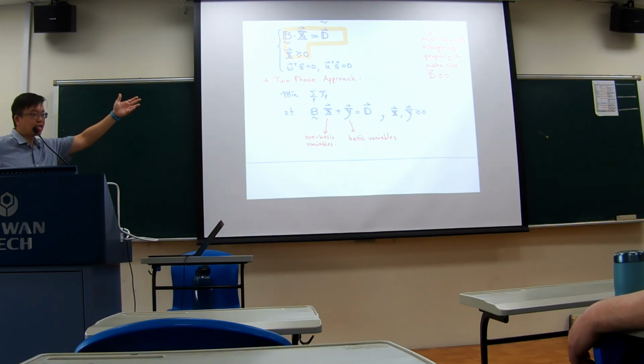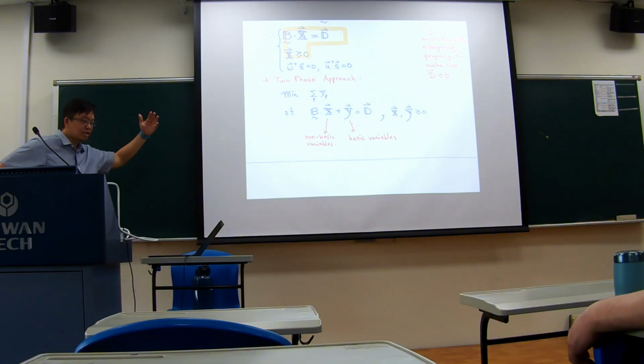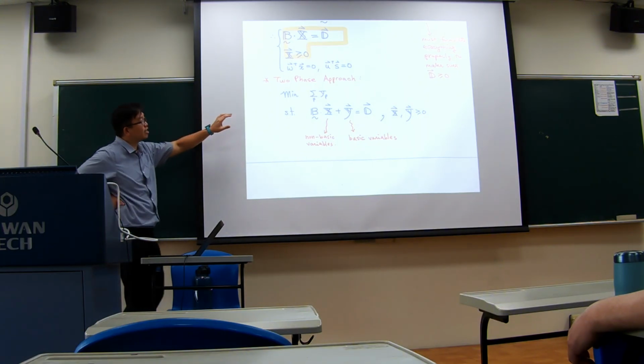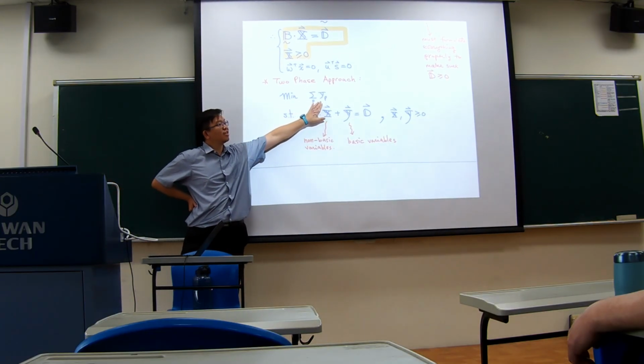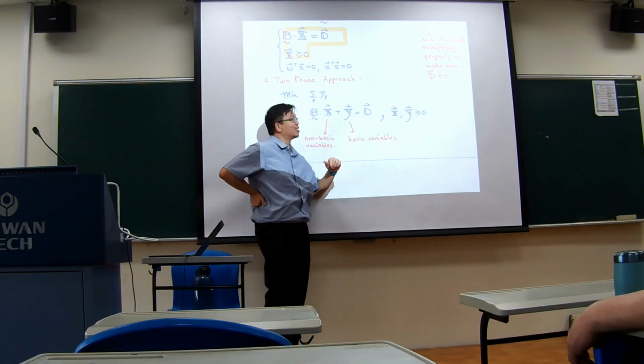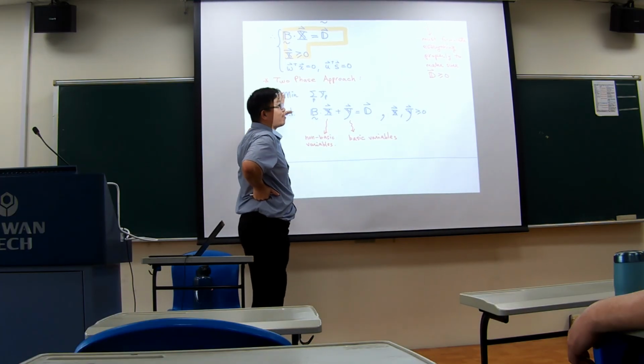They are basic variables. Then you apply linear programming, and you will end up with some optimal solution. The goal is, at the end, all of your basic variables become zero. So if you can find the optimal of this phase 1.